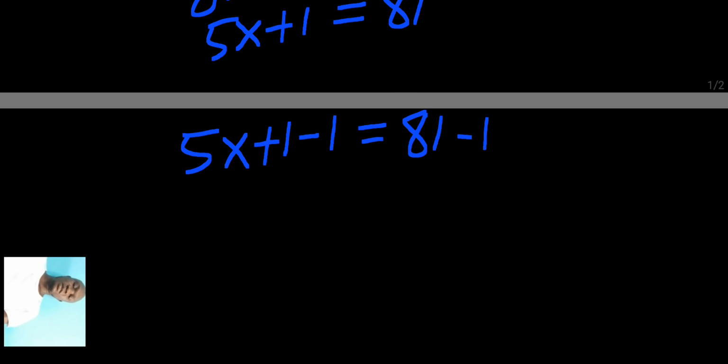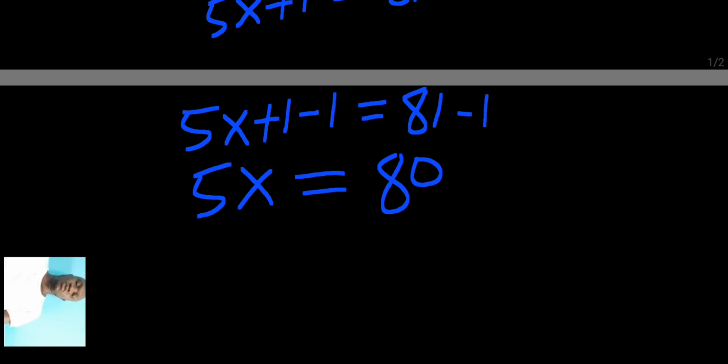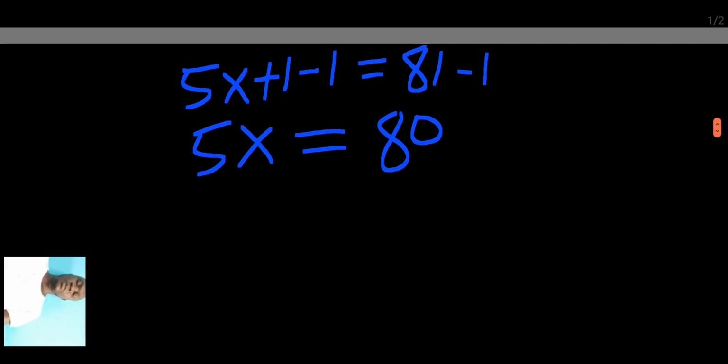So it means that I will have 5s plus 1 minus 1 is equal to 81 minus 1. That is, we are subtracting 1 from both sides. So in that case, I will have 5s is equal to 80. And to get the value of s, we have to multiply each side by the multiplicative inverse of 5.